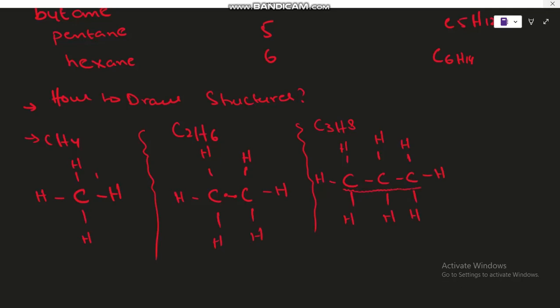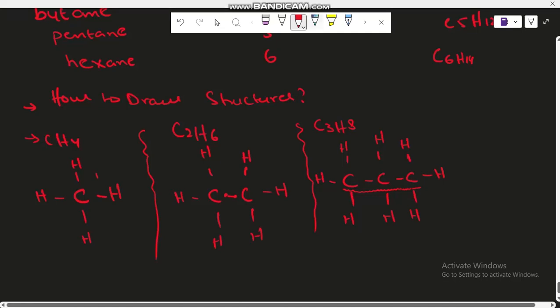Make the 3 combined carbon chain first, and then place the hydrogens. In an alkane, this is pretty much very easy. You just make the carbon chain and then place the hydrogens according to their bonds. It's going to get a little bit tricky in alkenes because there's a double bond involved, but in alkanes it's pretty easy.